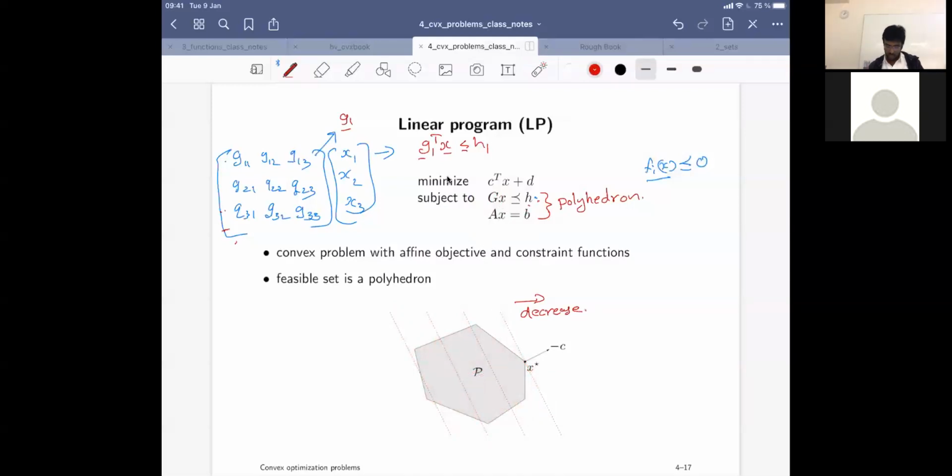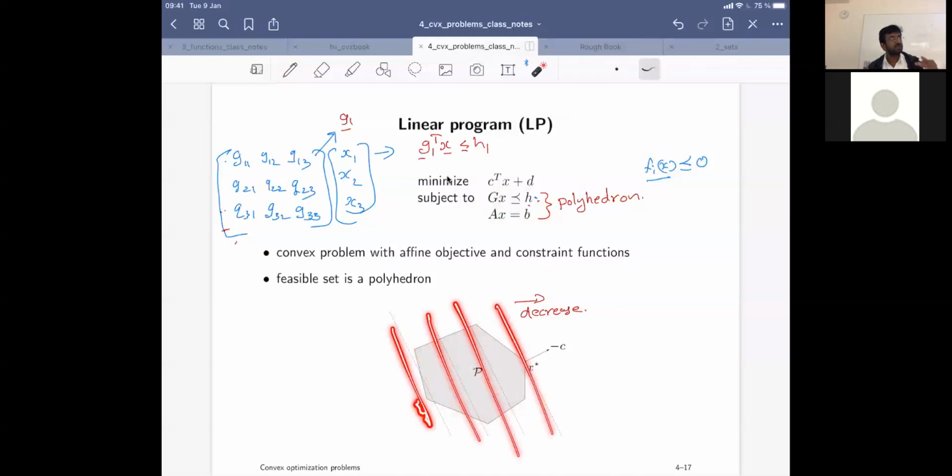Why are we taking straight level curves? Before we were constructing level curves like this, but now we are taking level curves like this. Why? Because the level curve is the contour of the objective function, and our objective function here is an affine function. In 3D, it will be a plane, so the level curves will be straight lines.